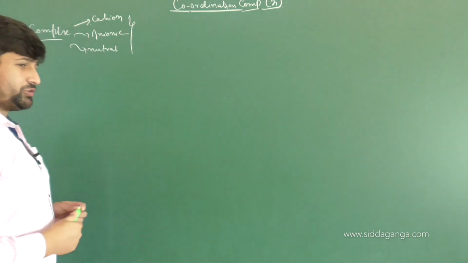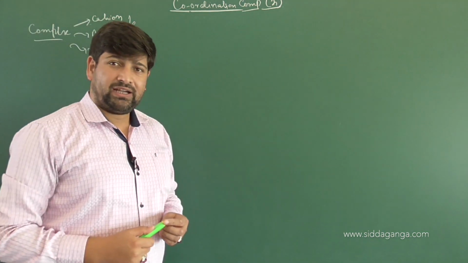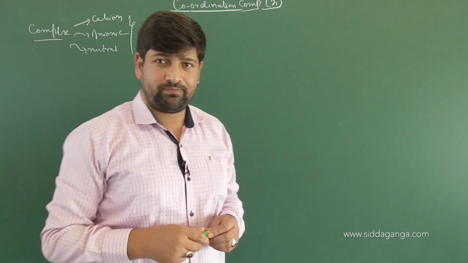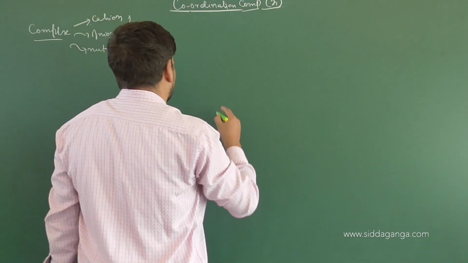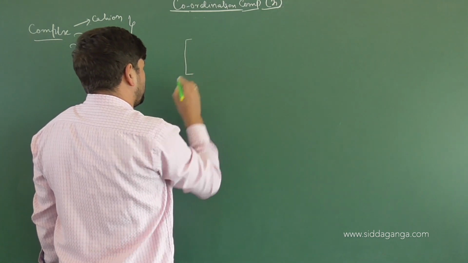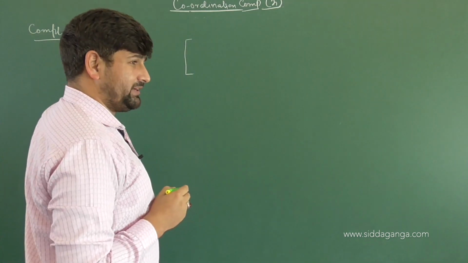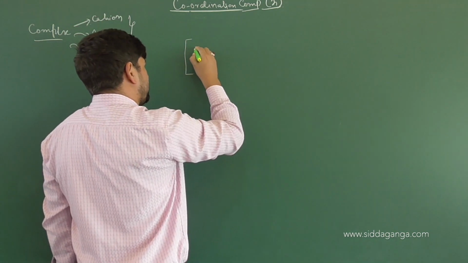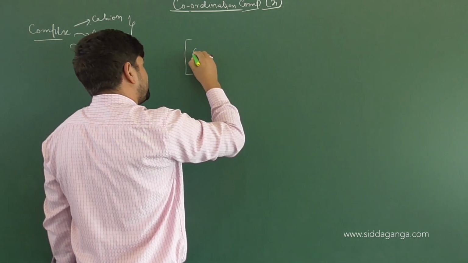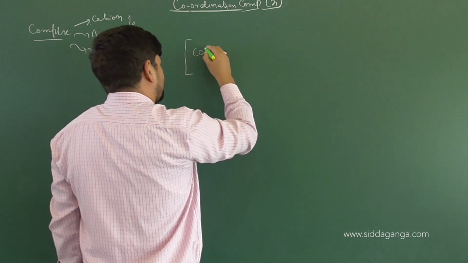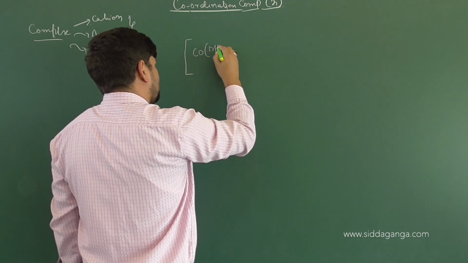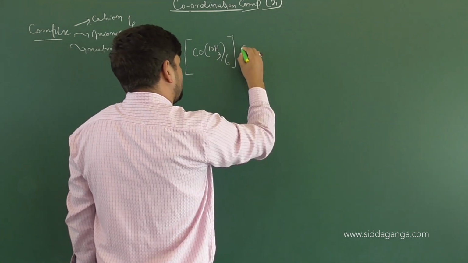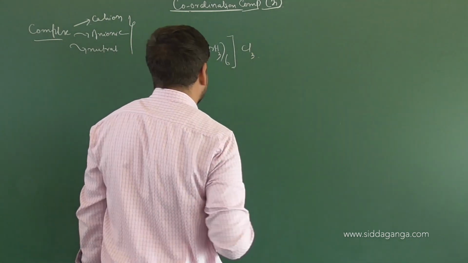First of all, let us show one coordination compound, and in that coordination compound we will show all the terms that we have discussed so far. A coordination compound in modern terminology is represented by square brackets. Say we have a coordination compound like [Co(NH3)6]Cl3.